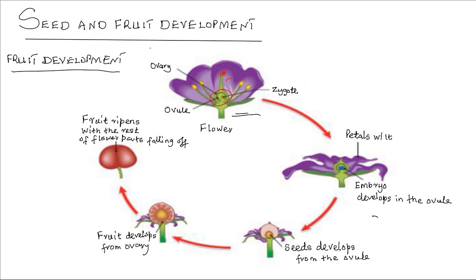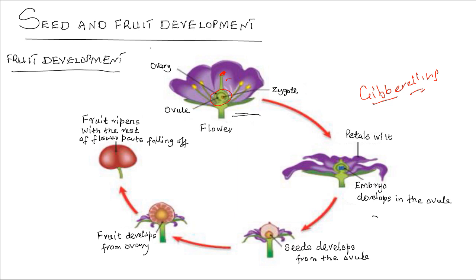Now, pollination stimulates the release of the hormone known as gibberellins, which are responsible for fruit development. Gibberellins refers to a group of hormones that are closely related chemically.